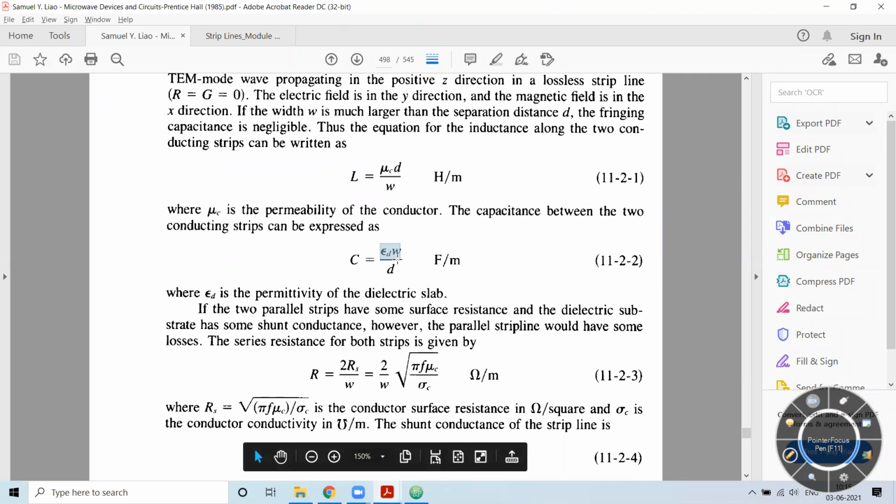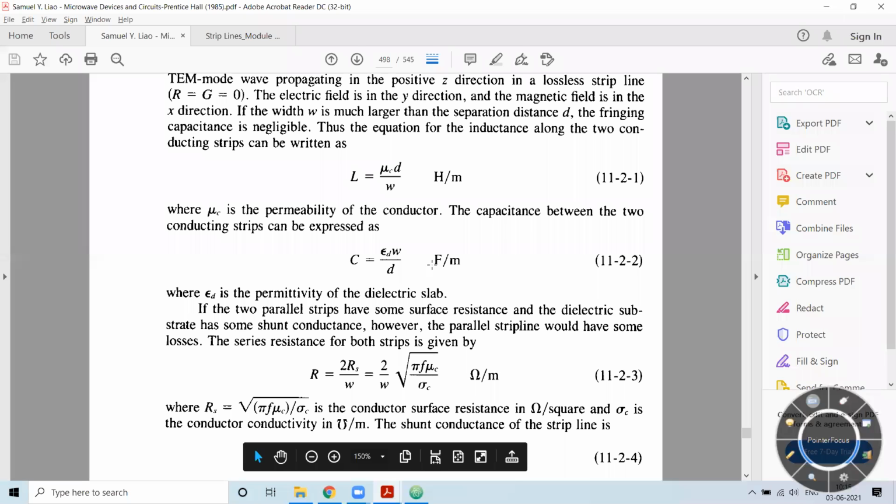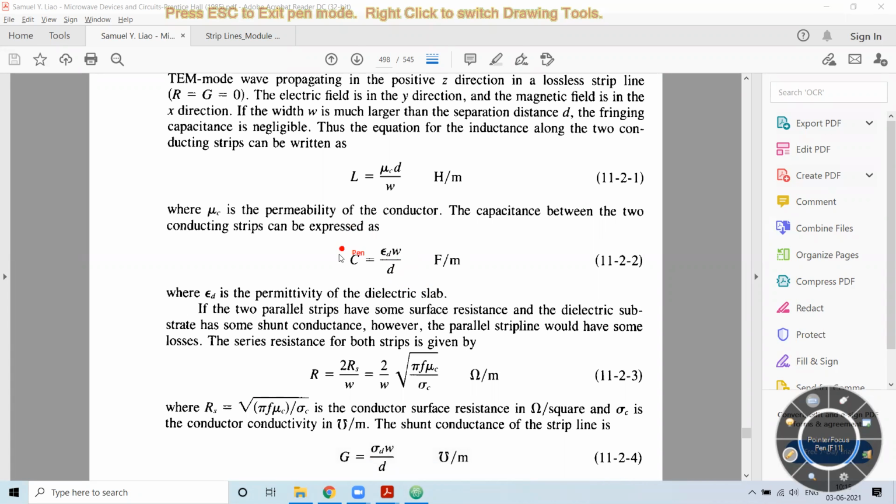So this is a combination of both absolute permittivity and relative permittivity. It is the product of both. So it is epsilon d into w by d. Here, we can observe that mu c is the permeability due to the conductor, and this one is the permittivity due to the dielectric material or the dielectric slab.